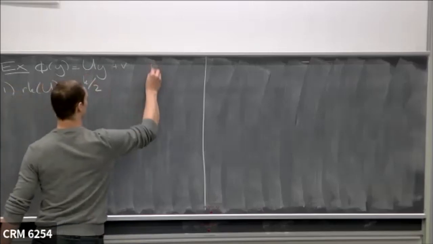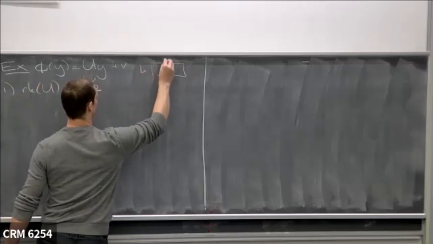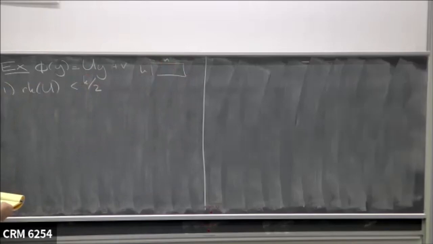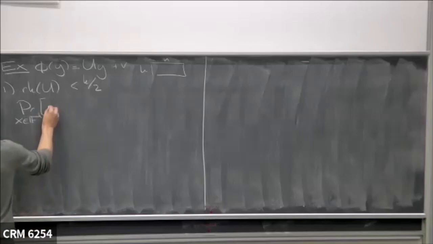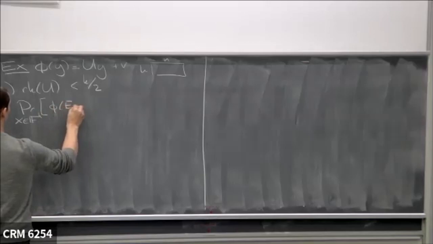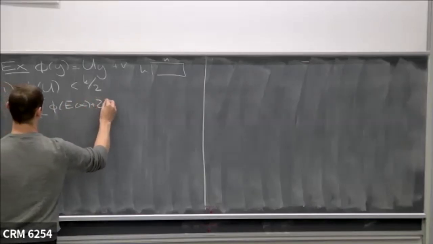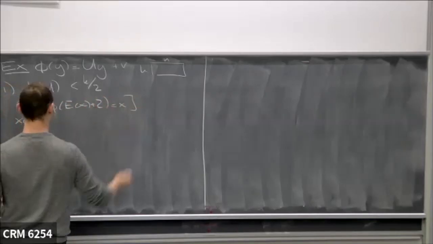So think of U as a k by n matrix. Then the probability over a uniformly selected message, ignoring for the moment the vector v or fixing it, that phi of x plus z is equal to x.